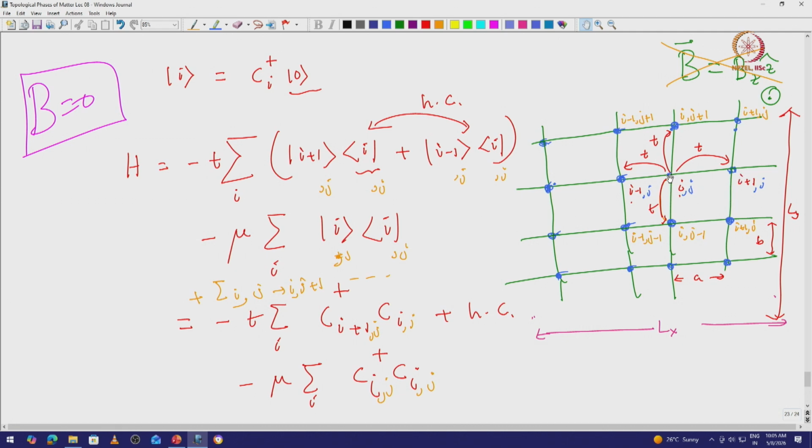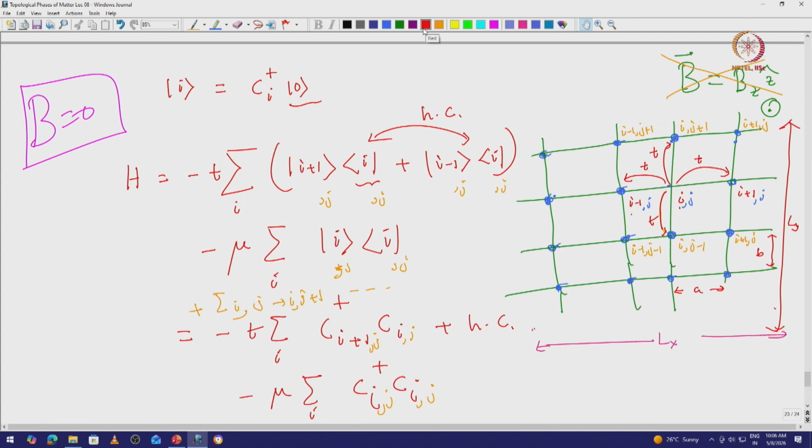Every wave function will now have a phase. I just have to parallel transport it, so e to the power minus i e by h cross, from some initial point going to i, j, A dot dr.